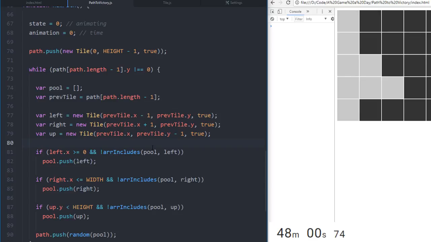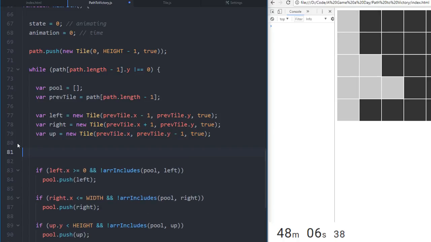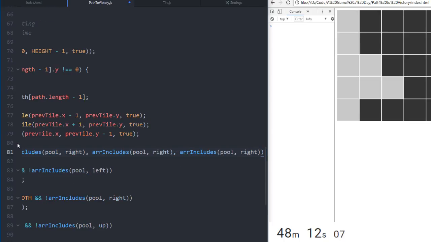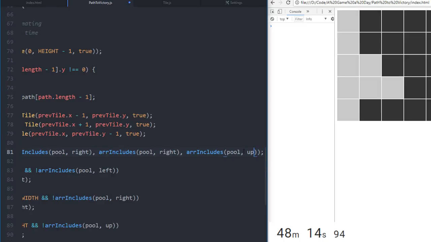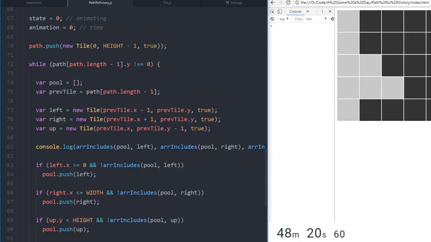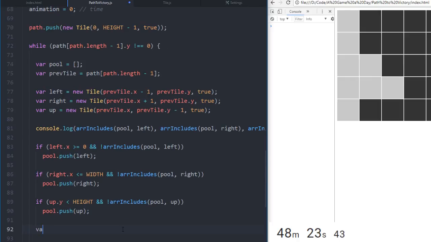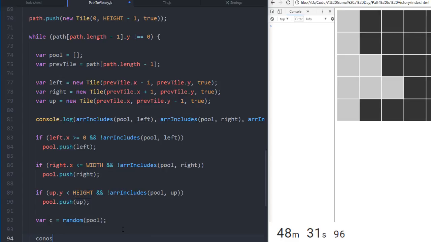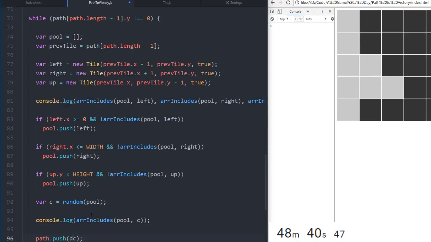Okay, let's take back this console.log. This is up, this is left. Var choice equals random pool. Console.log that. There.